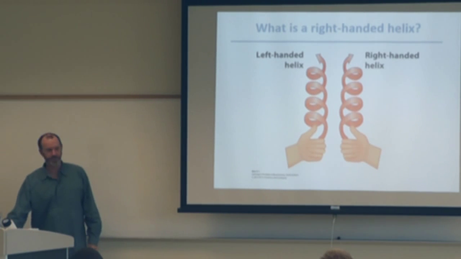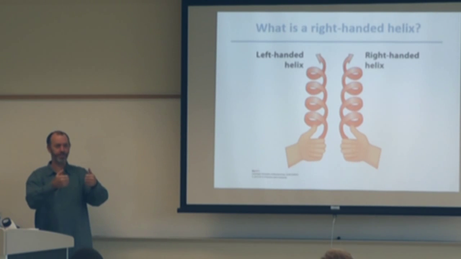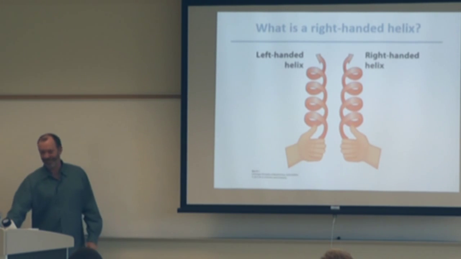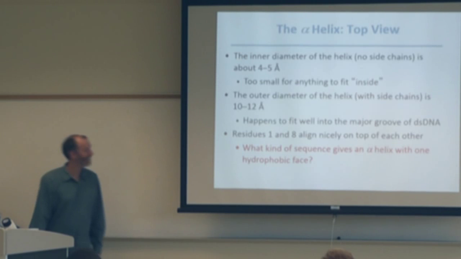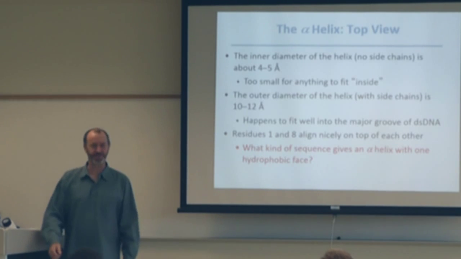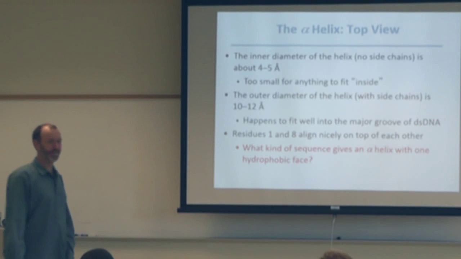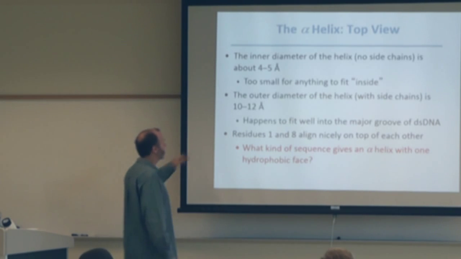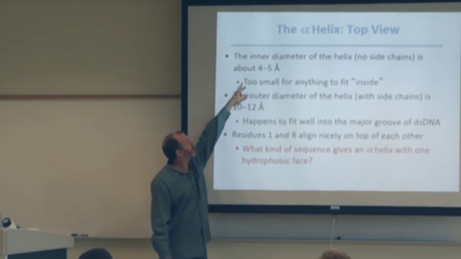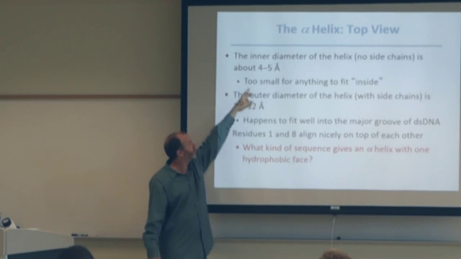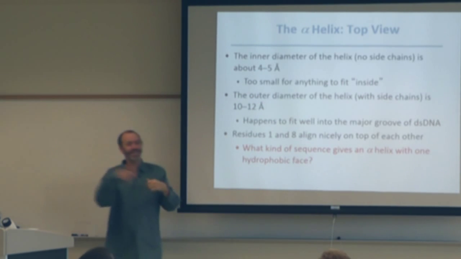They always mention this in biochem. I don't know when you'd ever use that, unless you're doing crystallography, where you're actually mapping this stuff out. The inner diameter of the helix, with no side chains, is about 4 to 5 angstroms, too small for anything to fit inside it.